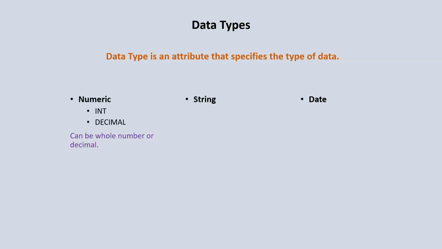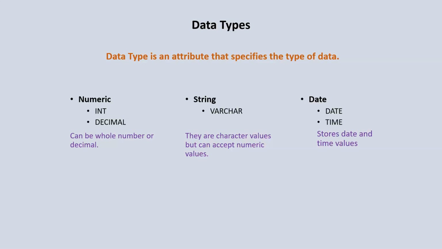Under the numeric data type, we have two types of data that can be stored: int, which stands for integers, and decimal, which is used to store decimal numbers. We have the string data type varchar, which is used to store character values, but can also accept numeric values. The date data type is used to store date and time values.